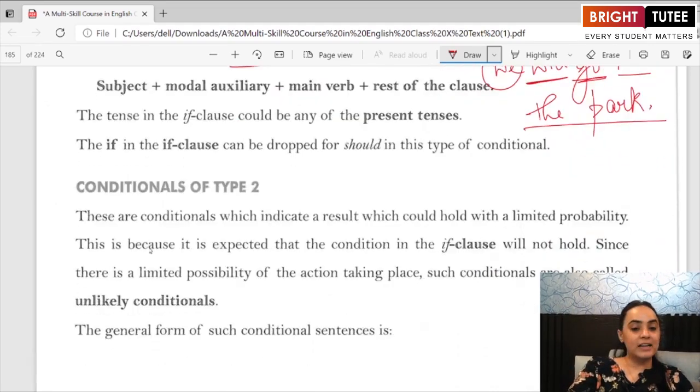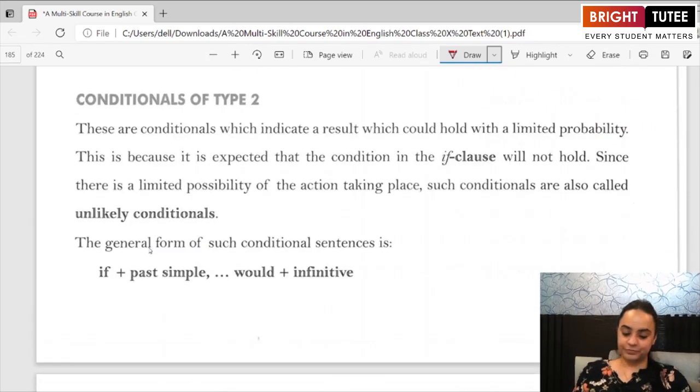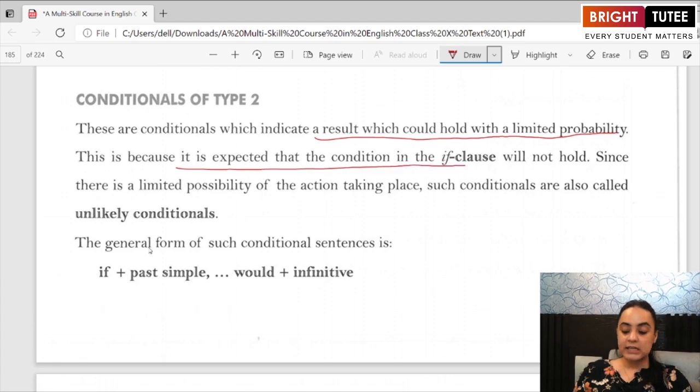Let us look at the conditionals of type 2. These are conditionals which indicate a result which could hold limited probability. Why is the probability limited? Because it is expected the condition clause will not hold true.